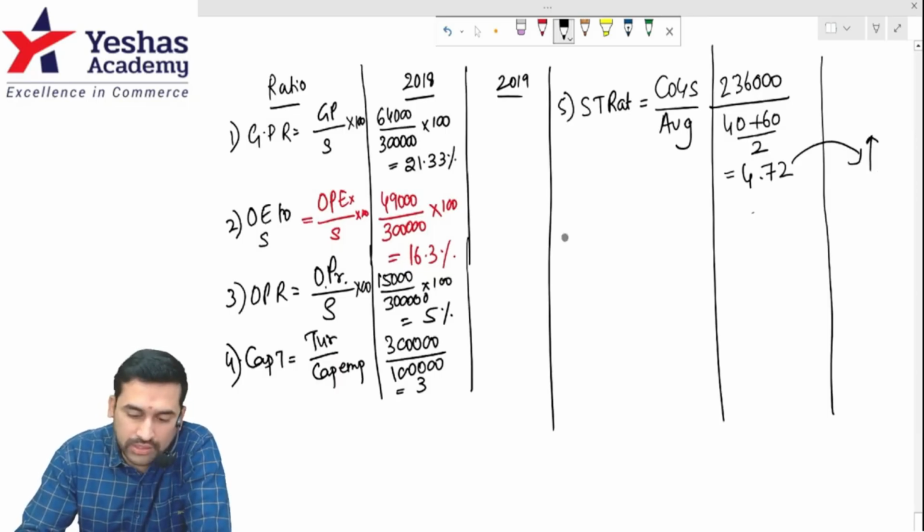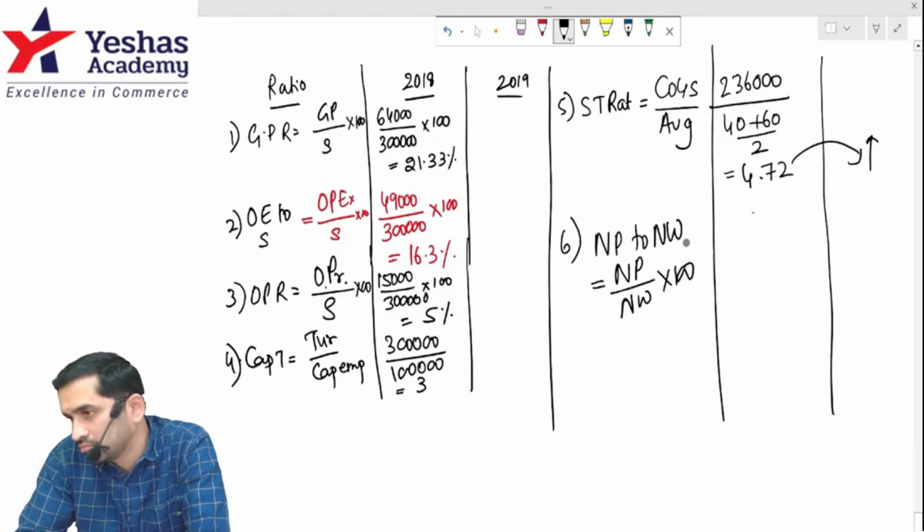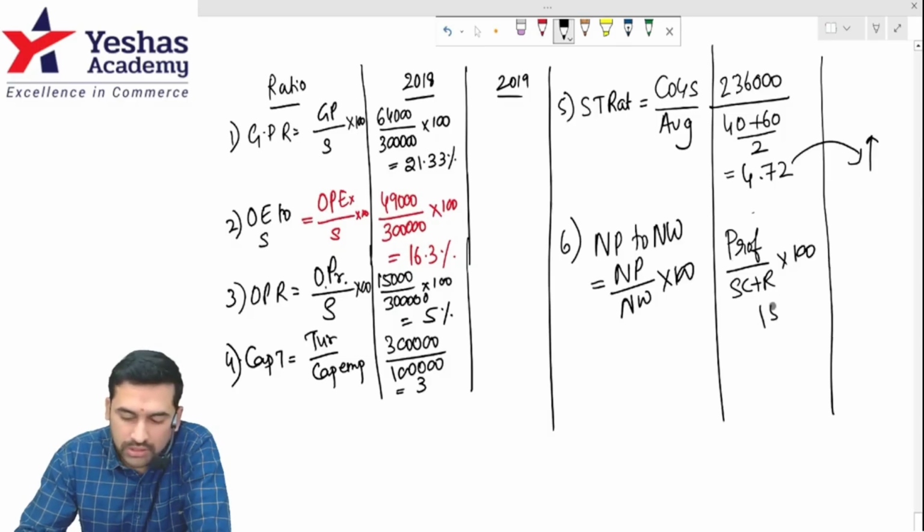Okay. Next one is net profit to net worth ratio. Now the name itself says net profit to net worth. So I will take net profit 15,000 divided by net worth. Net worth is what all? Share capital plus reserve. So you take profit by share capital plus reserve into 100, 15%.